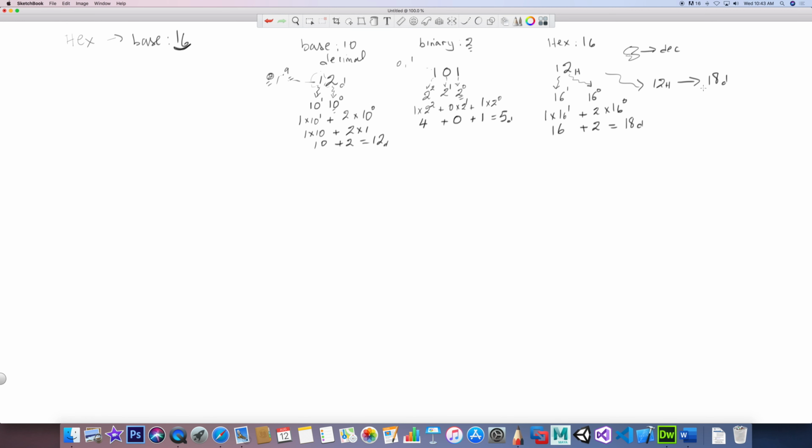It just means that 12 in hex is not 12 in decimal. It has another equivalent value in decimal, and you have to go through the process of finding its equivalent value. Okay? So as you can see here, I did an informal conversion from hex to decimal. So this is a hex to decimal conversion.